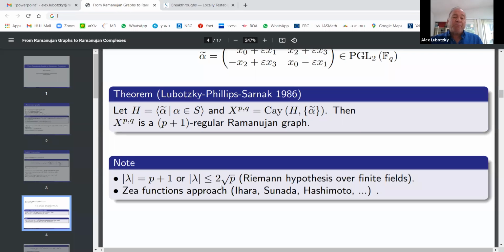In fact, the proof of this theorem follows, not directly, but using some work of Eichler and Ihara, which eventually boils down to using the Riemann hypothesis over a finite field. So this is not accidental.